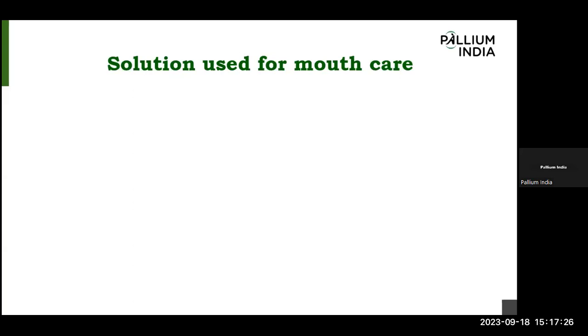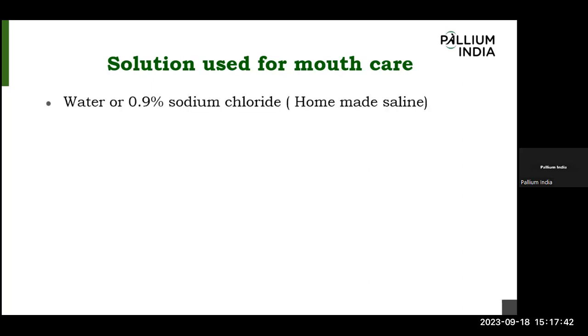And the assessment part is over. Now we can move on to the solutions used for mouth care. We are going to learn about oral care, how to give oral care. So we need a solution. Within the hospital, we have a normal saline bottle, and we will be using that normal saline.